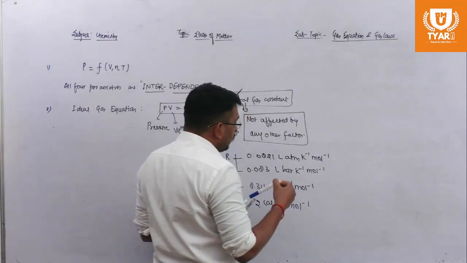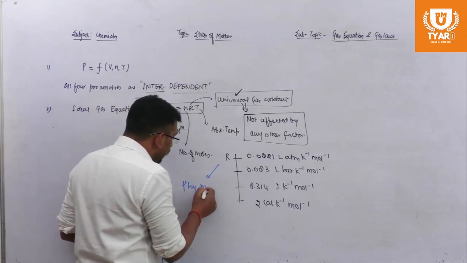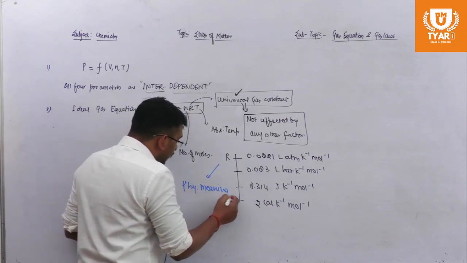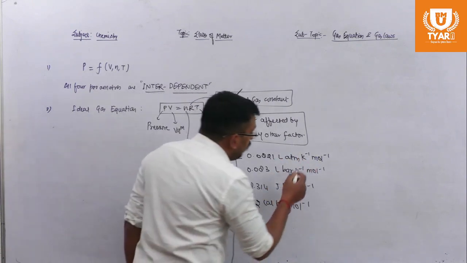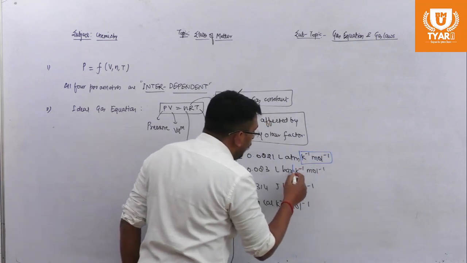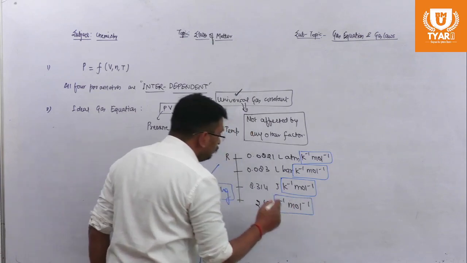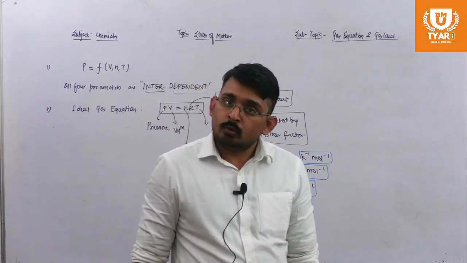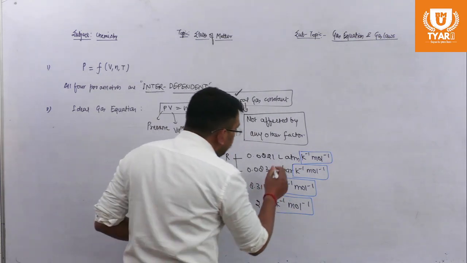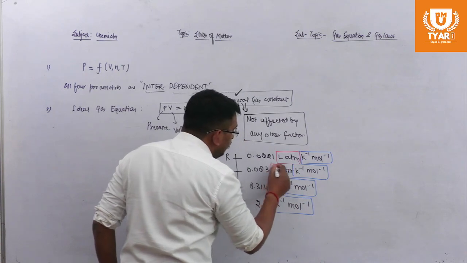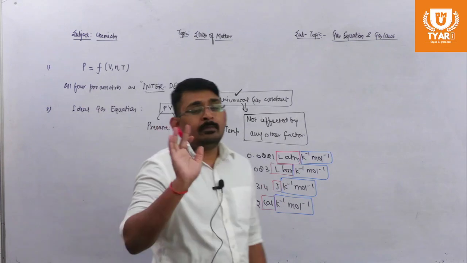If you now ask me what is the physical meaning of R, focus again. Per Kelvin per mole is common in all four units. It clearly indicates that liter atm, liter bar, joule and calorie should have the same dimension.